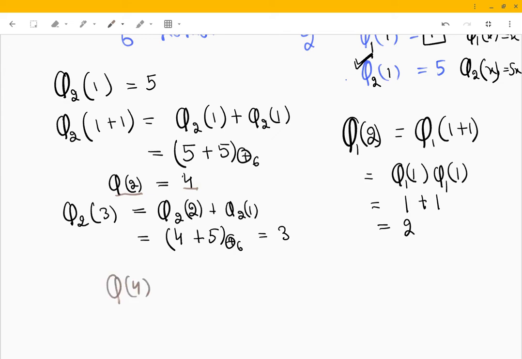Phi of 4 will come out to be 2. Let's verify it. Phi of 2 plus phi of 2, which is 4 plus 4 mod 6, which is 8 mod 6, which is 2, right?